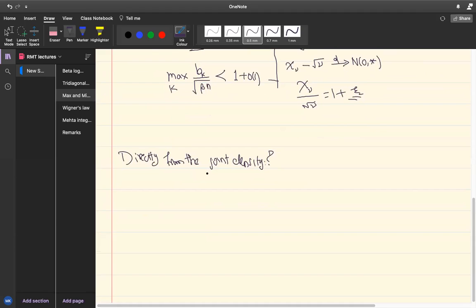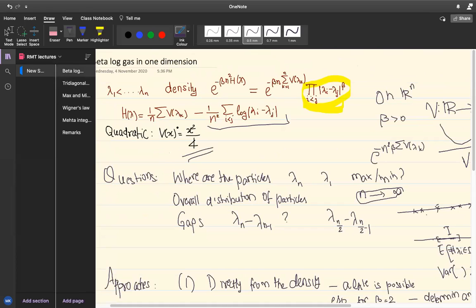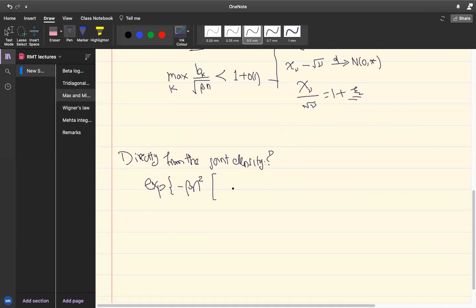It's sort of possible. The joint density, if you remember, looks like this. I'm writing it again, in the form beta n square times that energy that was there. What was the energy? Remember, the energy term had 1 over n sum of V of lambda k and 1 over n square this one. So one can write it like this. Let's consider this measure L n, which puts mass 1 over n at all the points lambda k.